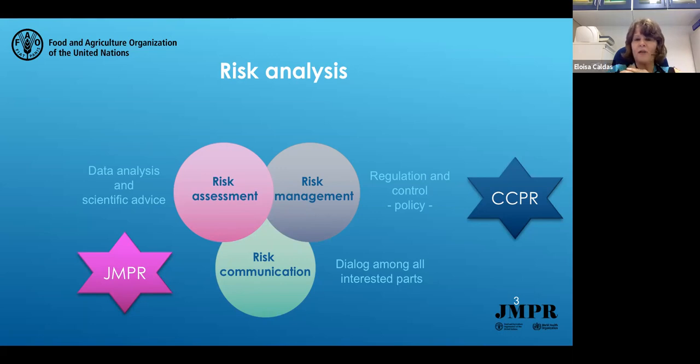For me, the alternative GAP should really be kept at the risk management level, but it was decided by the risk assessors, which is the GMPR, to take that into our common procedure. So this was my personal opinion separately. So there is a big communication between the GMPR and CCPR.